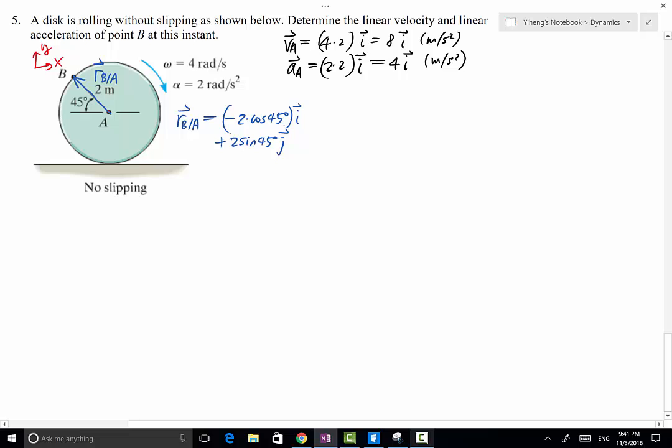Therefore, this simply equals negative square root of 2 i plus positive square root of 2 j. I'm going to evaluate that later.